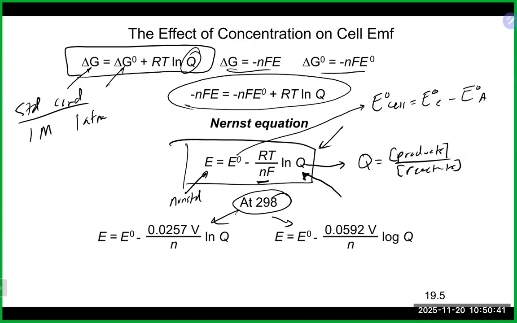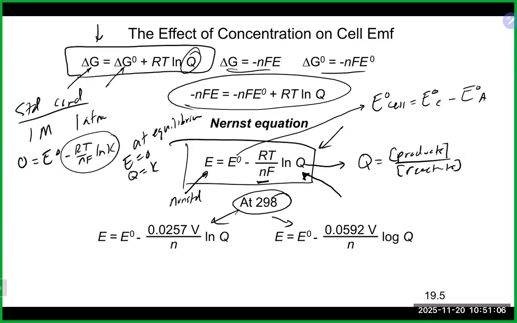By the way, that is how we got to the equilibrium equation we just used, because much like what we did here, at equilibrium, E will equal 0 and Q will equal K. And if you put that in there, 0 equals E naught minus RT over nF natural log of K. Taking this whole thing and moving it to the other side gives you that equation we just used in the previous problem, which is here.